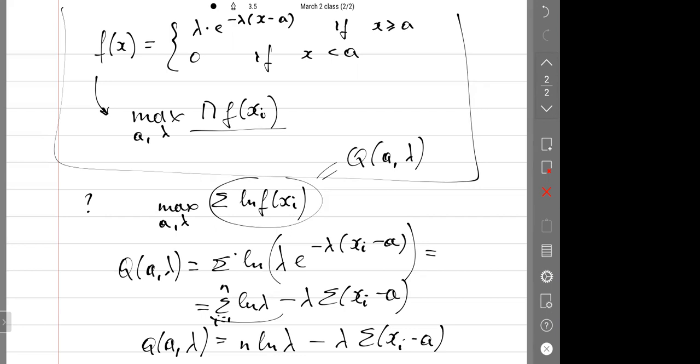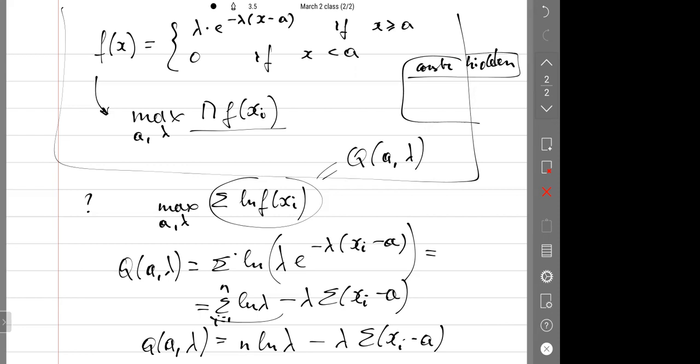Constraints, in some way you are right that we have constraints. Obviously, lambda cannot be 0 or negative. That's a good idea to think about constraints. Let's write them. Hidden constraints.